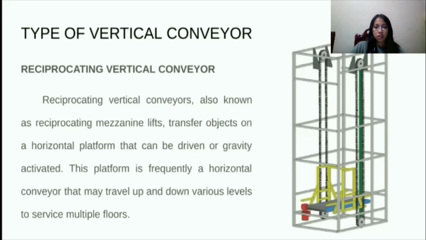This platform is frequently a horizontal conveyor that may travel up and down various levels to service multiple floors. This type of conveyor is actually a gravity actuated lift. This is only designed for lifting materials and not for operators or for any other persons.